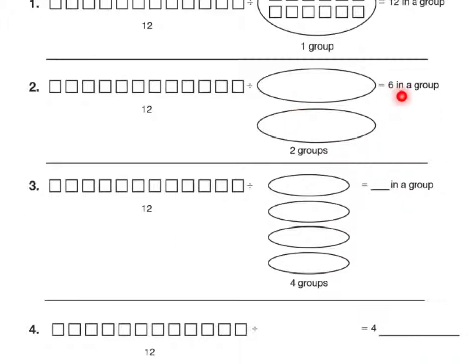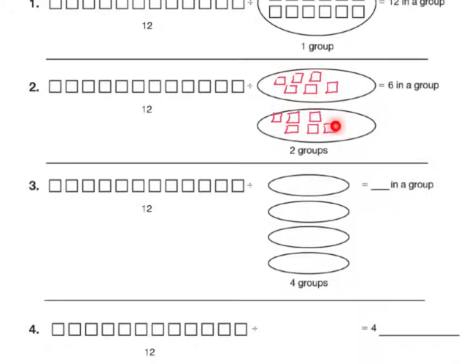So I would just take my pen, and I would draw 1, 2, 3, 4, 5, 6. And then I would do the same here. 1, 2, 3, 4, 5, 6. And if I were to count all of these, 1, 2, 3, 4, 5, 6, 7, 8, 9, 10, 11, 12.